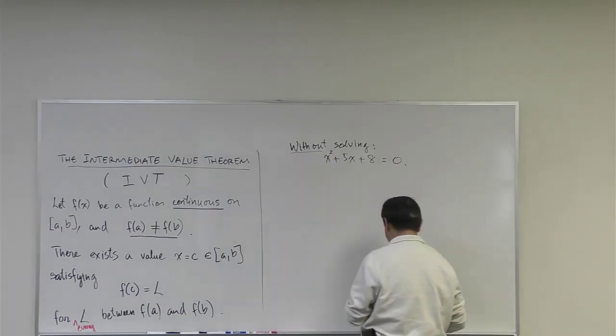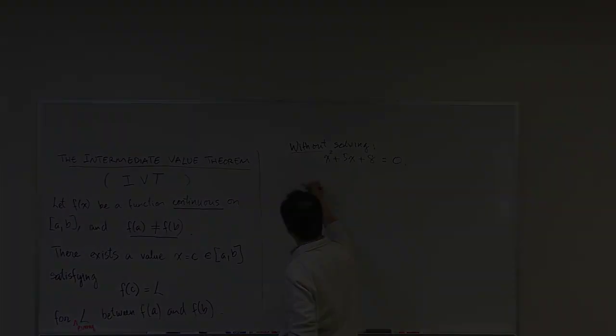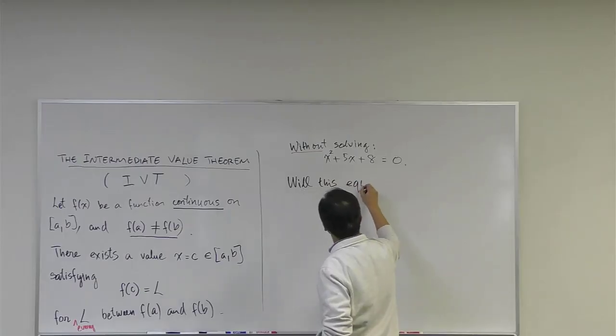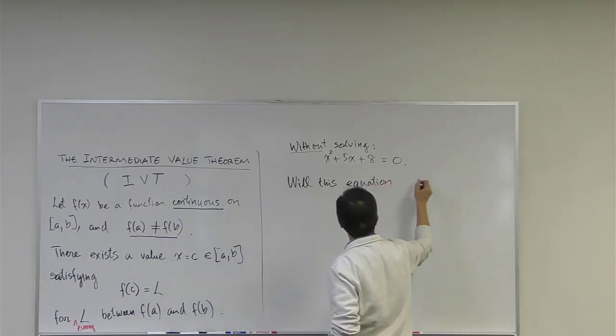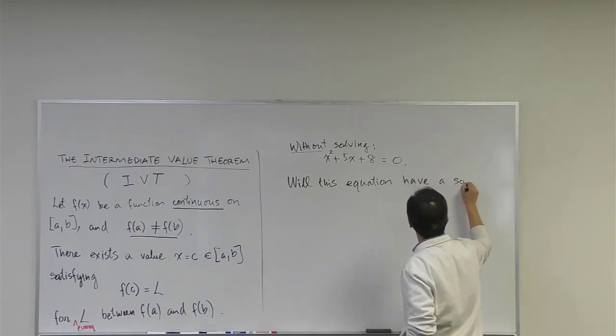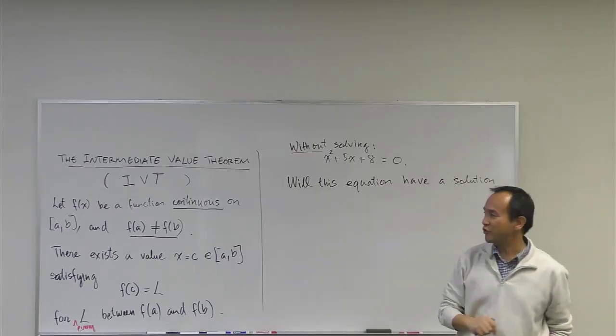You don't need to bring out your quadratic formula. Without solving, will this equation have a solution inside of the interval? It's some way that I want to determine for me.